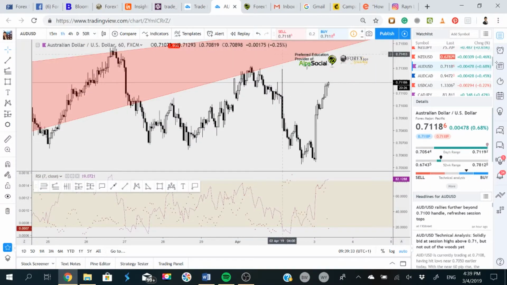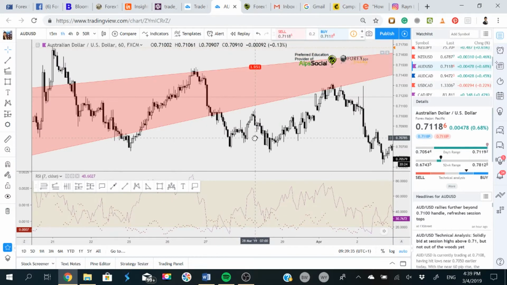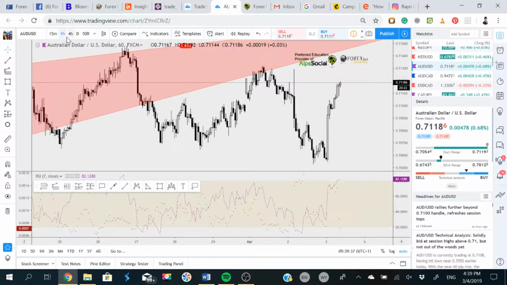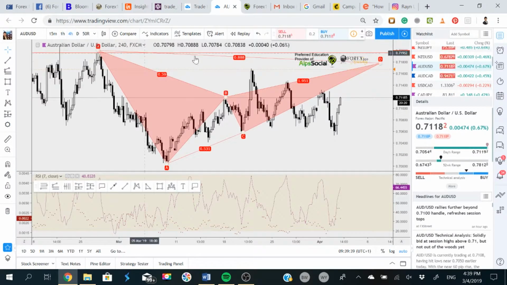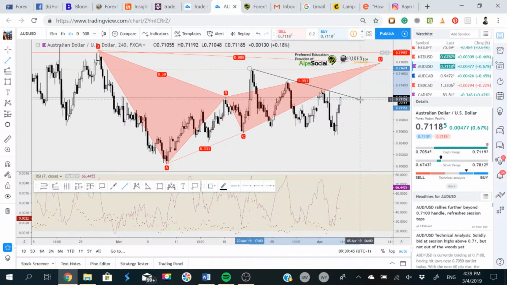Head down to the 1-hour chart. This is what I have. Nothing much for me, apart from if you're a channel trader or a wedge pattern trader, this is what I have spotted. There's a potential of breaking this structure soon.